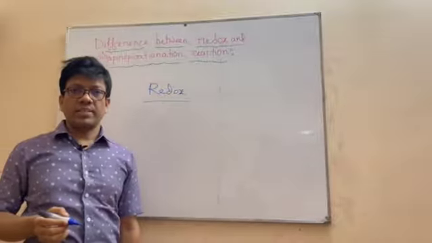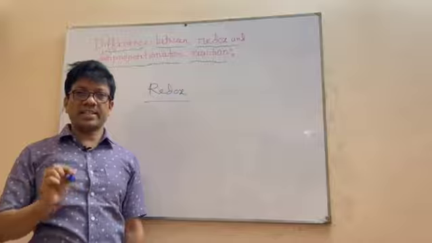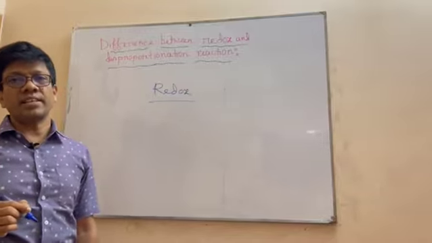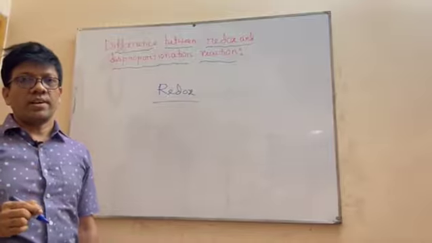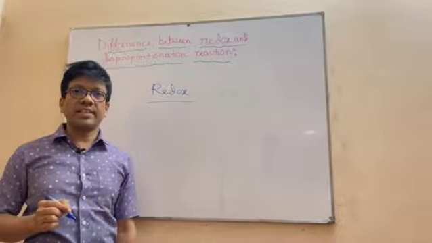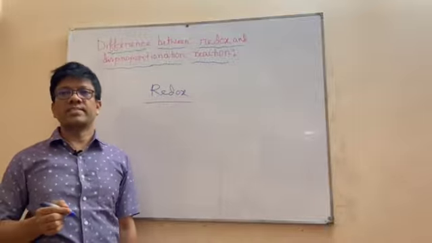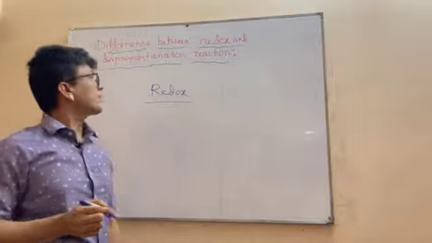redox reaction. Redox reaction is a reaction in which an element is oxidized and another element is reduced. Redox reaction is a reaction in which a species is oxidized and another species is reduced.